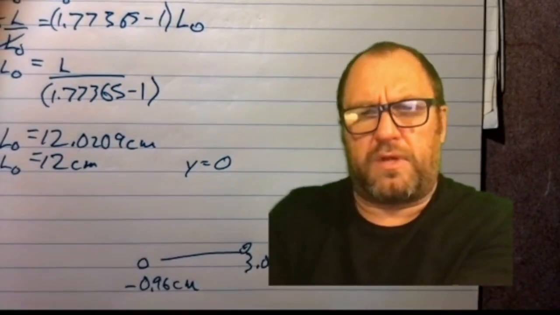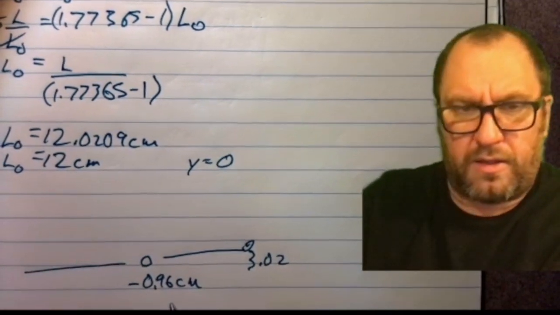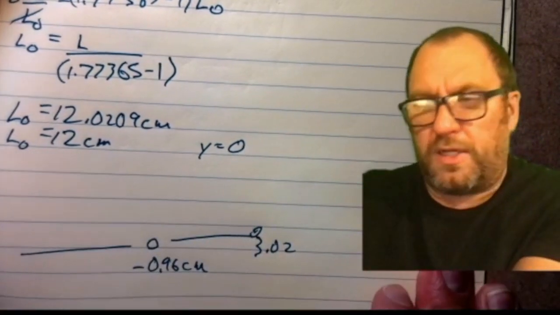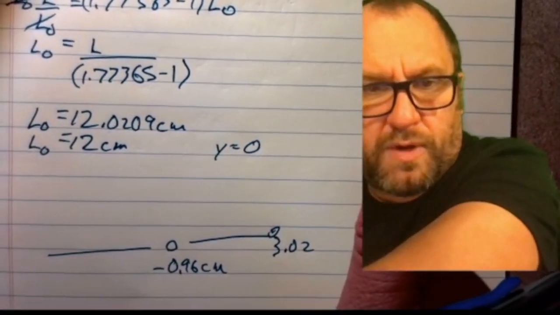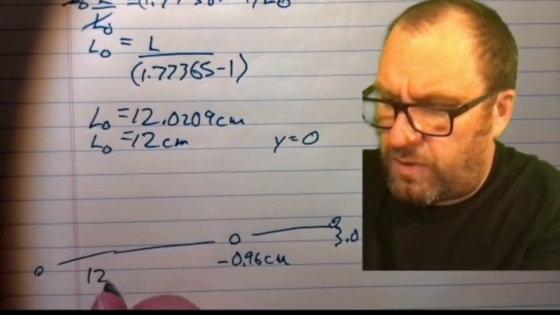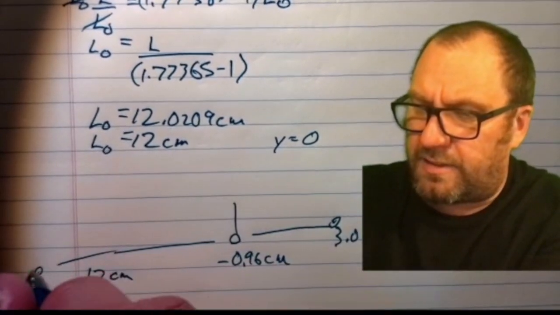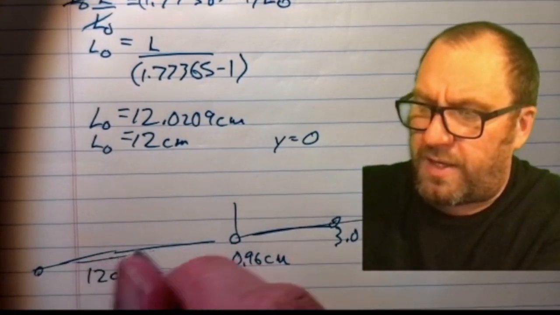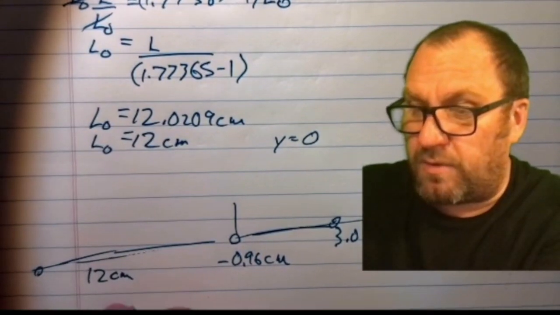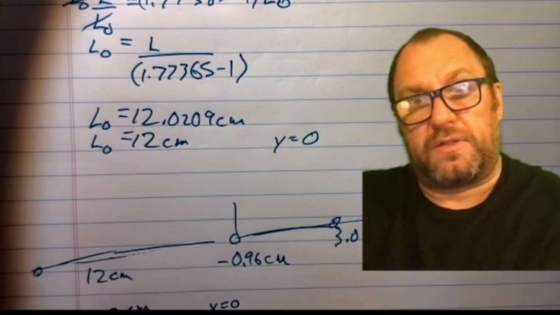Then our other charge, and I drew them kind of at an angle, is going to be over here, much farther away. So this will be about 12 centimeters over here. And so if our x-axis is kind of tilted here, that means we're going to go negative this way. And so the x-coordinate is going to be minus 12 centimeters, and y is going to equal 0.